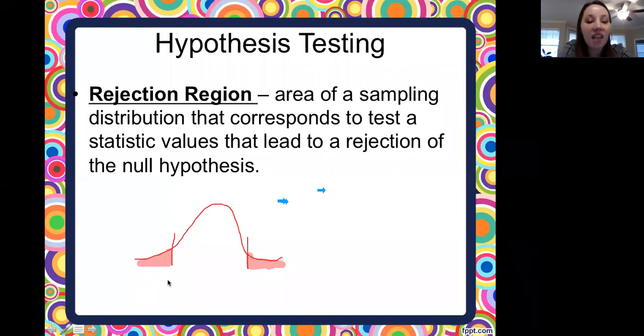Anyways, the lines here denote our rejection region. That is the point at which our statistically significant area of the distribution begins. So it cuts off statistically significant from non-significant. It cuts off where we reject the null hypothesis and where we retain the null hypothesis. So that's what the rejection region does.